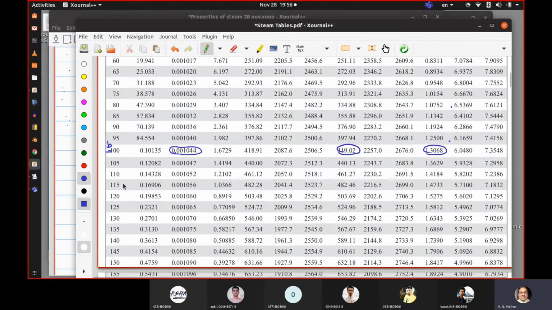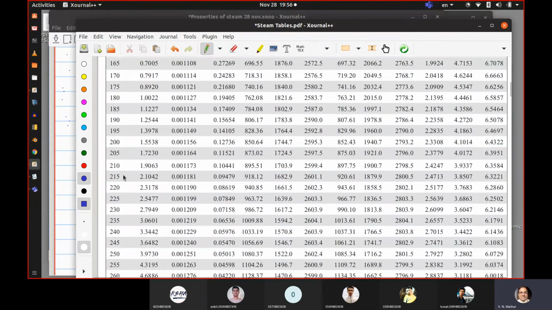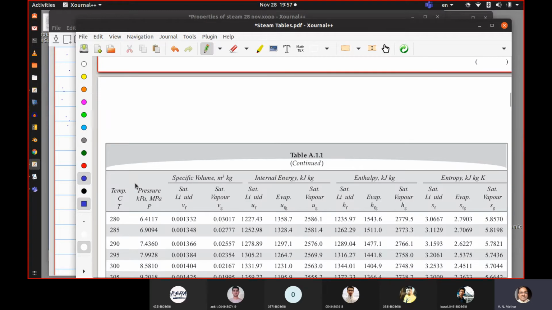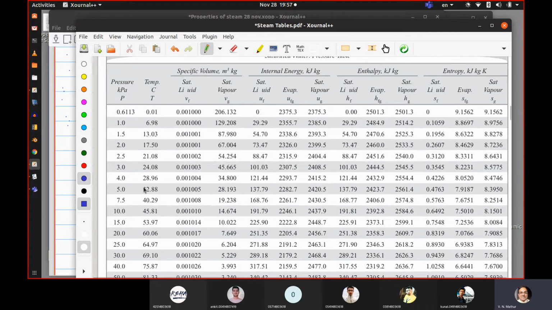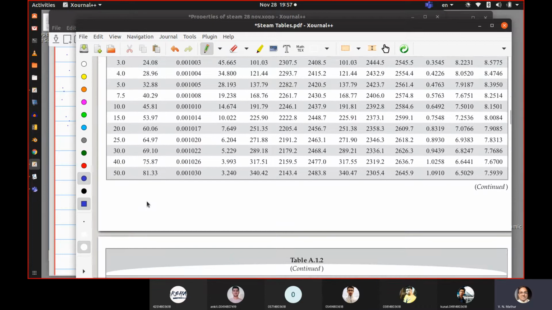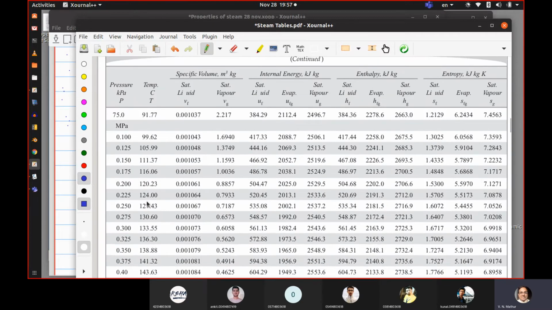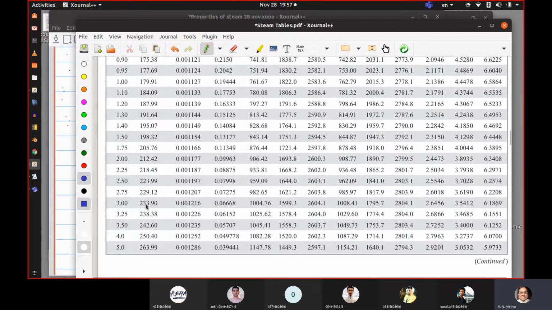This is a temperature based table, so we may not find it directly; we'll have to interpolate between 210 and 215. But let's first check the pressure table also. If it is saturated temperature at a fixed value of pressure in the table, then we may directly get that value. 212.42, so this is the value.